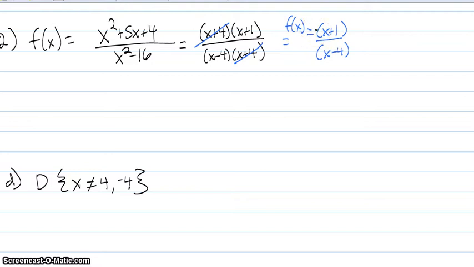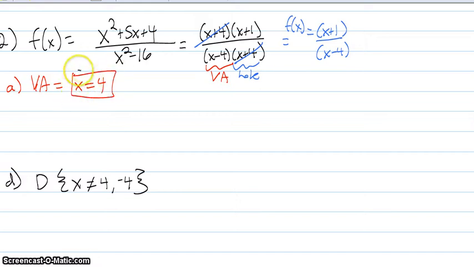But we're going to do the whole thing because there might be problems that have other parts to them. So, now, because these canceled, this is a hole, and this that's left is a vertical asymptote. So, for A, my vertical asymptote, and again, vertical asymptotes are lines, so the equation for the vertical asymptote is x equals 4.